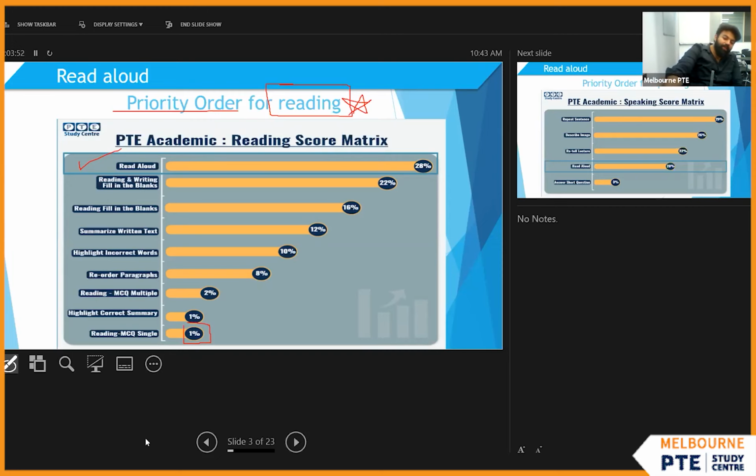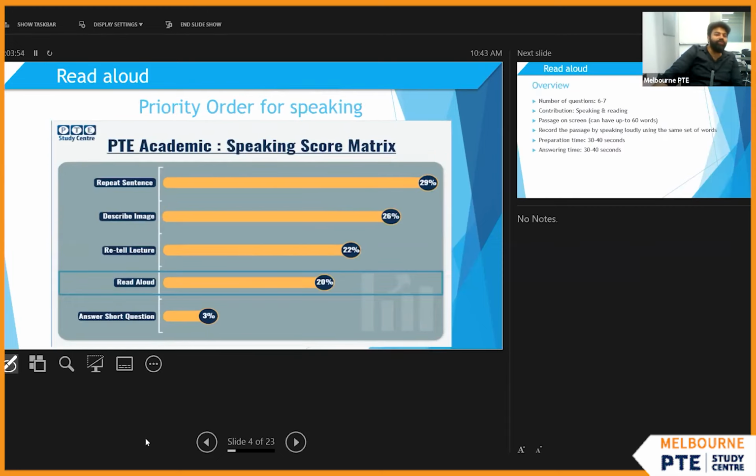Okay, similarly, if I discuss it for speaking, you have just these 5 topics. So Read Aloud would more or less come in here with 20% weightage. Okay, by the way, this 20% means basically 20% of 90. So that translates to, of course, 18 marks in here.